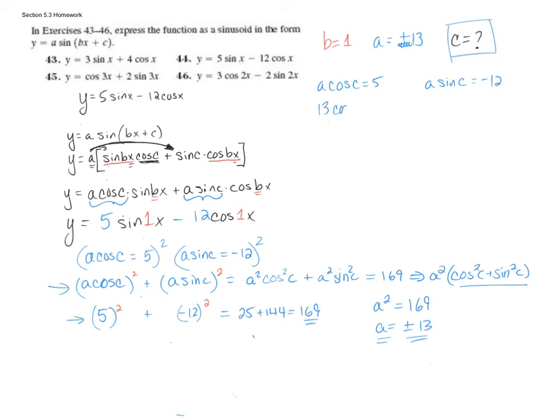So 13 cosine C equals 5, and 13 sine C equals negative 12. We can now say, okay, the cosine of C equals 5/13, and the sine of C equals negative 12/13.